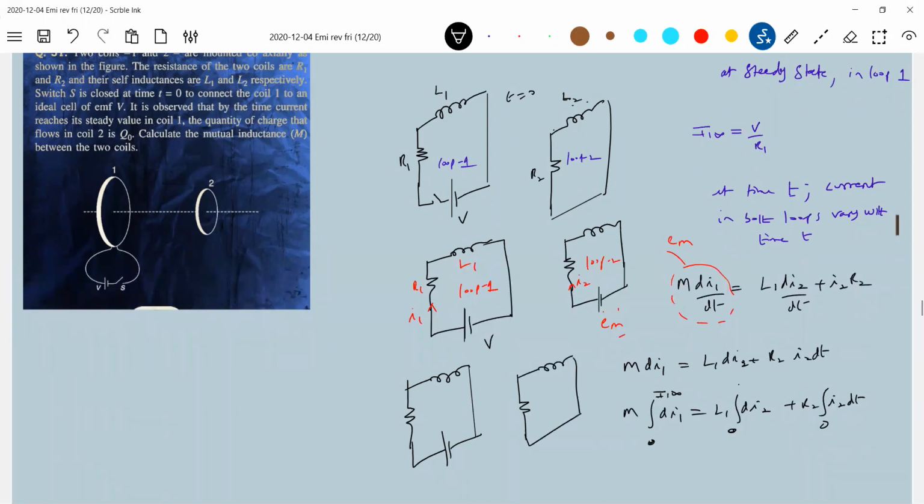We should have crystal clear ideas. Here, I replaced the cell. This is what it is at t equal to infinity.